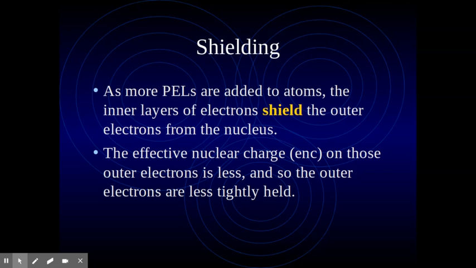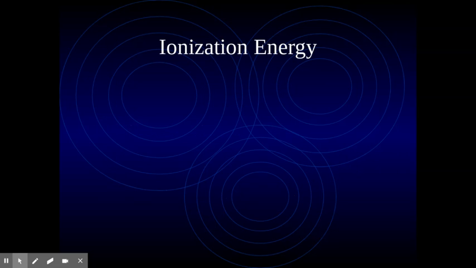So the effective nuclear charge on the outer electrons is going to be less because there's so many things in the way between the outer electrons and the nucleus. So we talked about that pull of the nucleus on the electrons. The farther away they are, the less they're going to feel that pull because of all those electrons in between. So they're going to be less tightly held, if that makes sense to you.